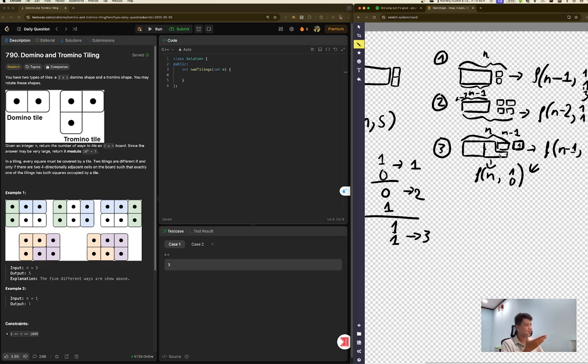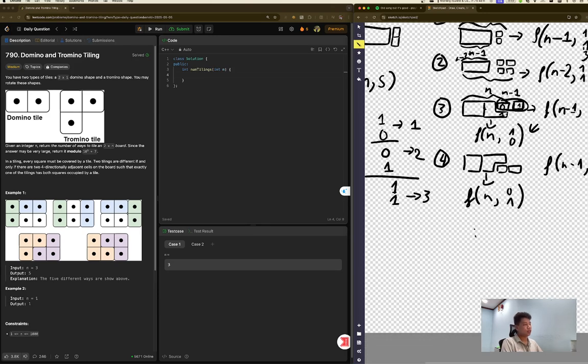As you can see 1, 0, and we put this domino on the top. We have a symmetric case, the same as the third case, like this, and we put it on the bottom. So we have n-1 and 1, 0, and this is referred to as n-1 and 0, 1.